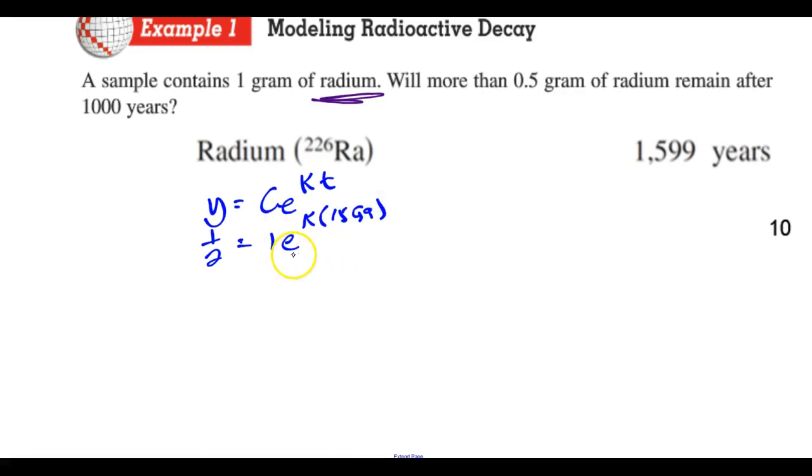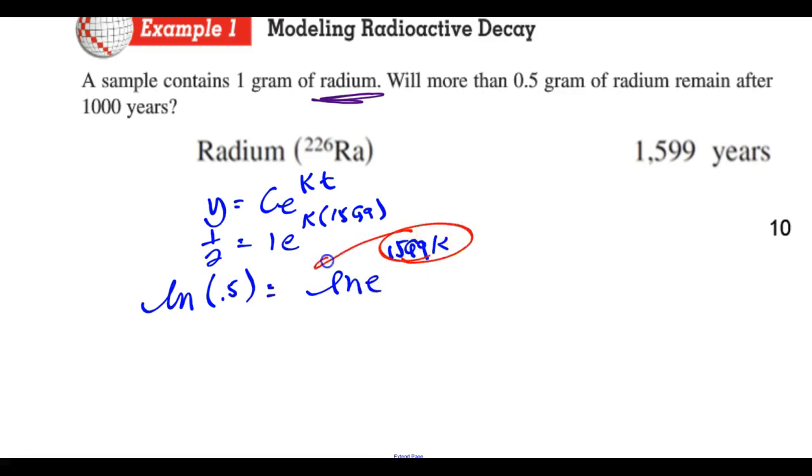So I'm going to solve for this using some logarithms. The natural log of 0.5, or the 1/2, is equal to the natural log of e^(1599k). Again, more log properties, dump that out front, and hopefully by now you know that the natural log of e is just a 1. And our last step is to divide.